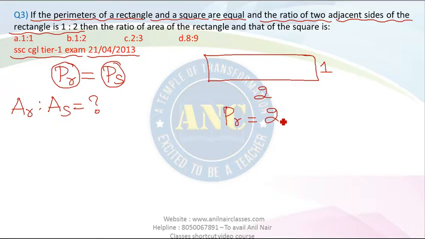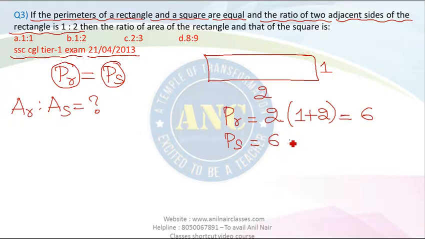Perimeter of rectangle is 2 into L plus B. L is 2 units, breadth is 1 unit, so 1 plus 2 or 2 plus 1, both are same. Don't take it as 1x and 2x and waste your time, sir. 1 plus 2 is 3, 3 into 2 is 6. That means perimeter of rectangle is 6, and perimeter of square is also 6.